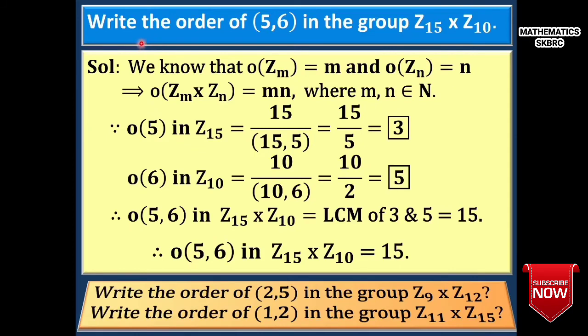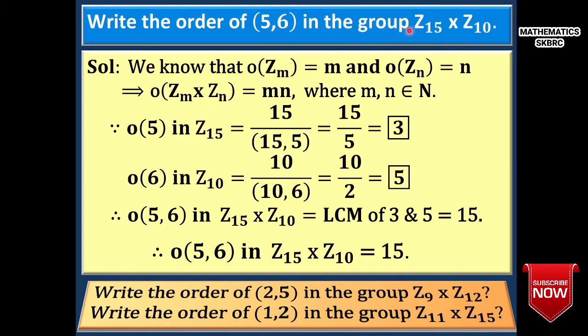Important problem. Write the order of an element (5, 6) in the group Z15 cross Z10. We know that Z15 is a group of order 15, the order of Z15 equal to 15, and Z10 is a group of order 10, the order of Z10 equal to 10. All the elements of Z15 cross Z10 are ordered pairs.